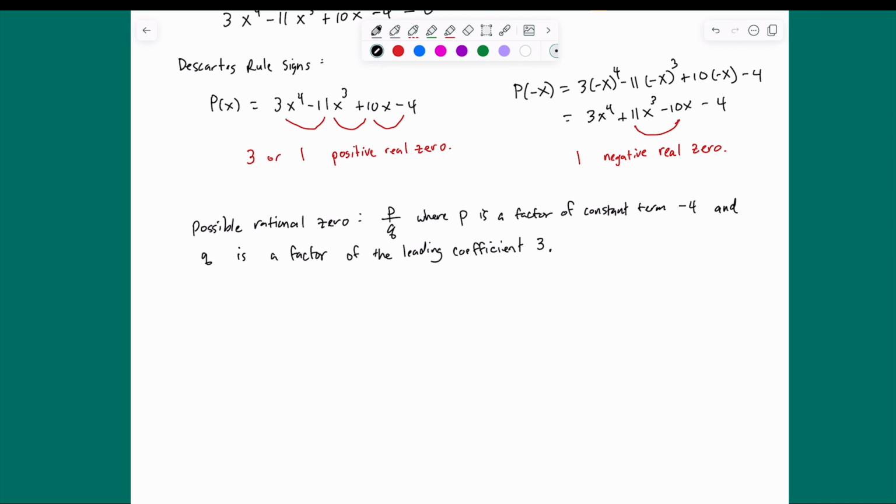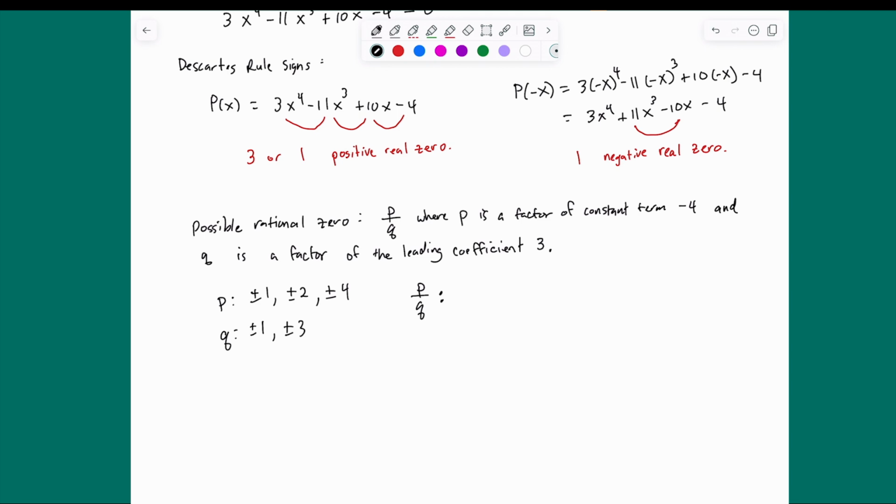What we do first is figure out the factors of -4, which would be plus or minus 1, plus or minus 2, plus or minus 4. And then the possible factors of q are plus or minus 1 and plus or minus 3, because those are the factors of 3. Then we form the possible rational zeros, p over q, where we take each p and divide by each factor of q.